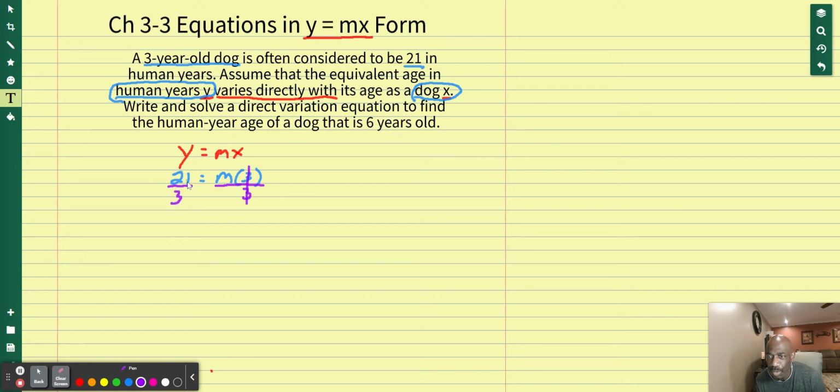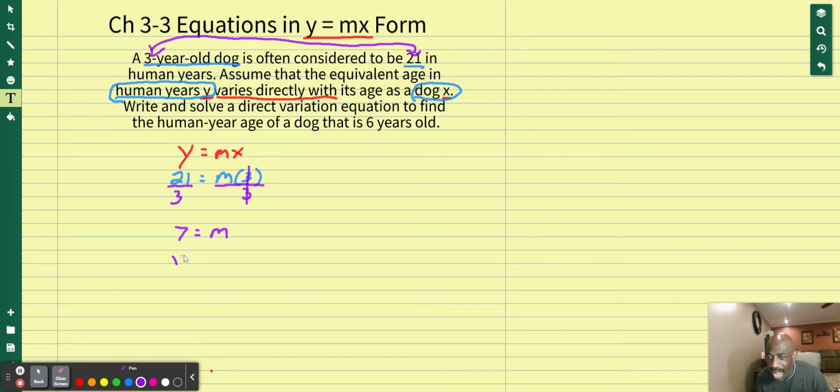And what do we have? What is 21 divided by 3? 7. 7 is the number for our constant rate. That means to get from 3 to this 21, the factor that we need is 7. So 3 times 7 is 21. Now I want us to rewrite this.